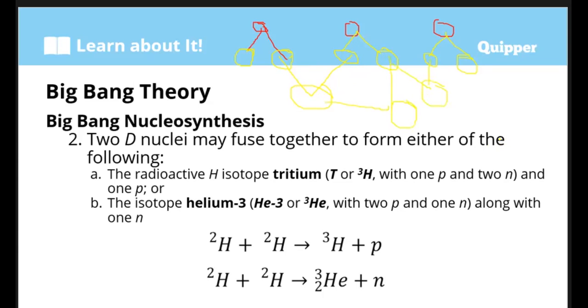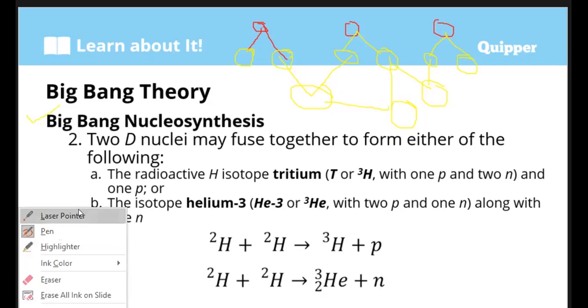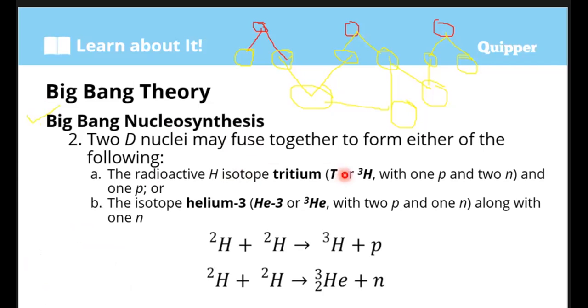All of these things are possible as the universe expands, and that is what the Big Bang nucleosynthesis is trying to tell us: the formation of the different elements in the universe, such as deuterium, the isotope of hydrogen. So when two deuterium nuclei fuse together through nuclear fusion, they form either of the following.